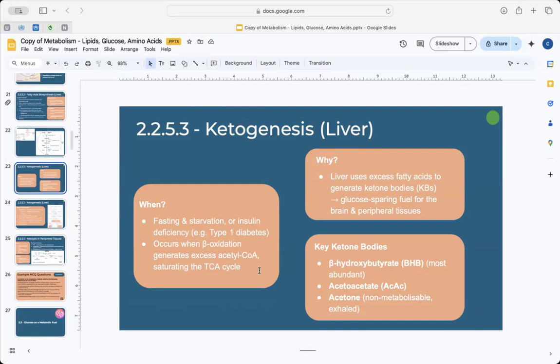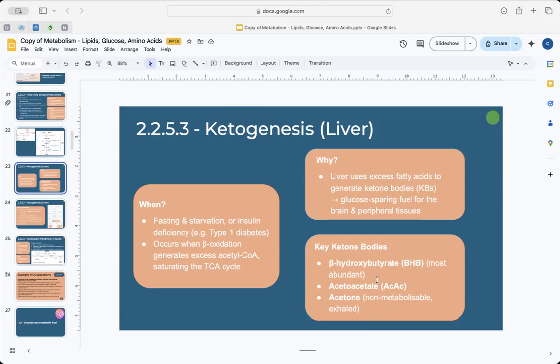It occurs when beta oxidation generates excess acetyl-CoA, and that saturates the TCA cycle. So the liver uses excess fatty acids to generate ketone bodies, and it's basically a glucose-sparing fuel for the brain and peripheral tissues.